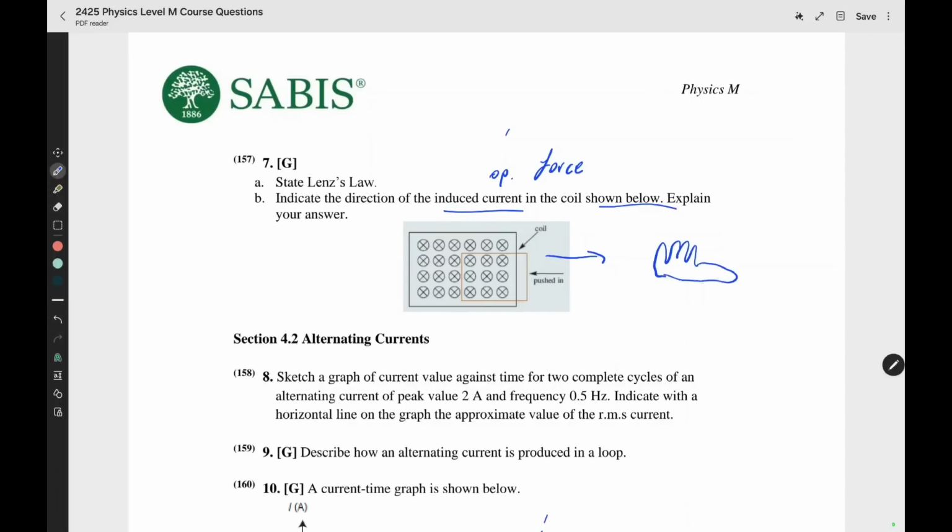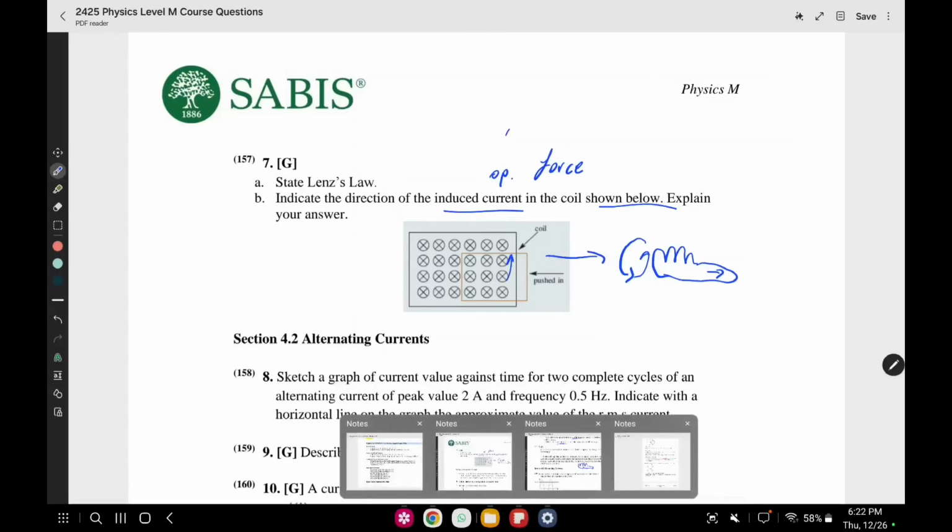Since the force is to the right, and the magnetic field is inwards, you take your fingers and you kind of put them inwards. You know what I mean? They're not facing up, they're just facing inwards. Now, if you curl these towards you, it's going to be curling like this, right? And this is the anti-clockwise direction, okay?